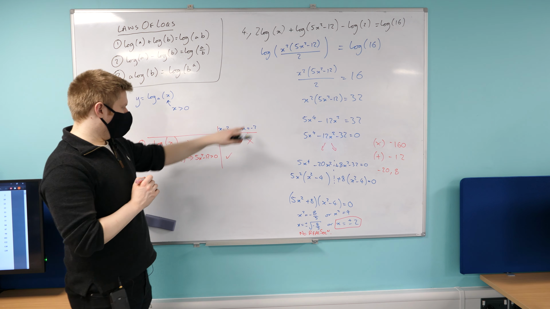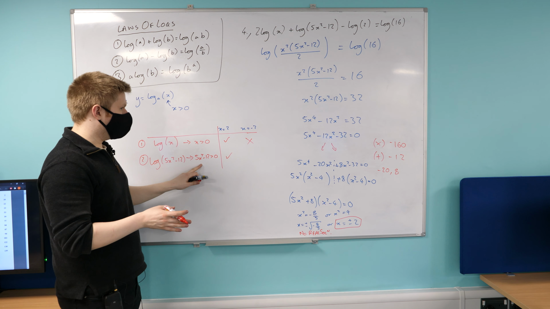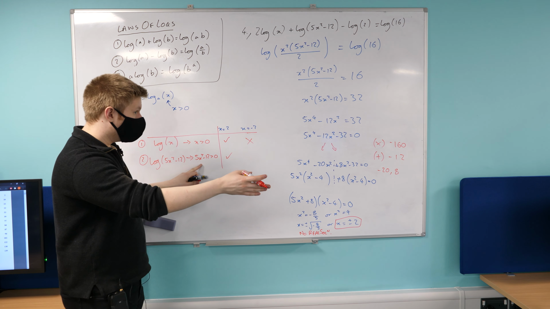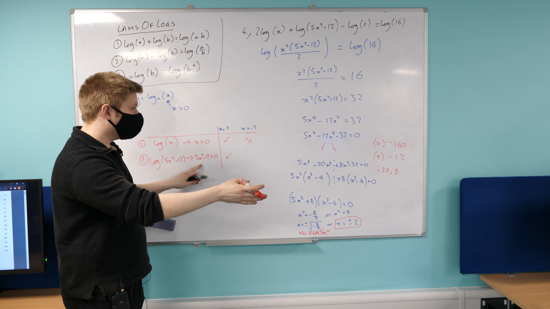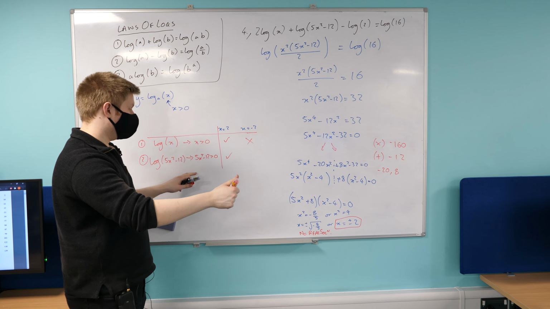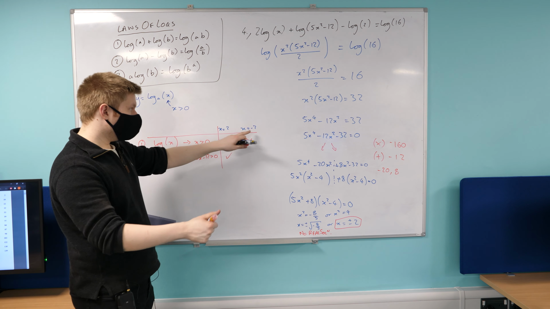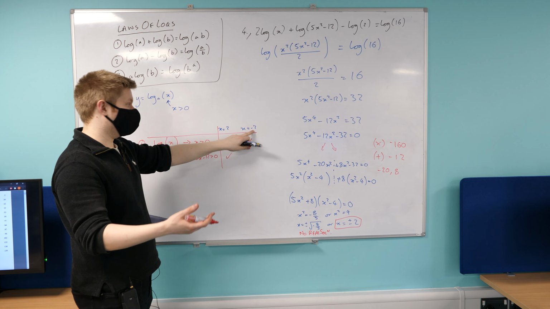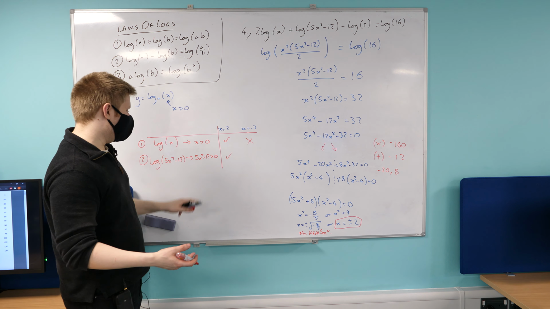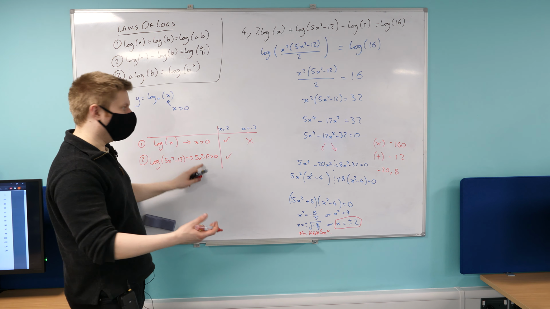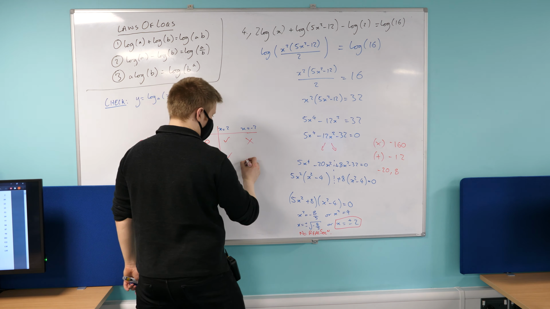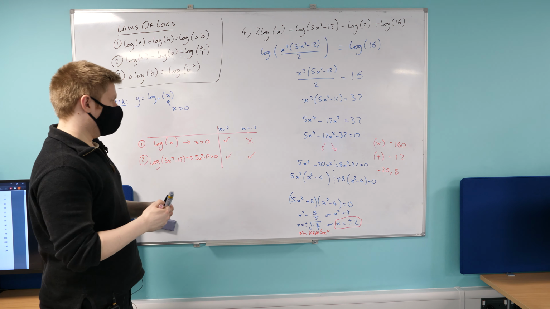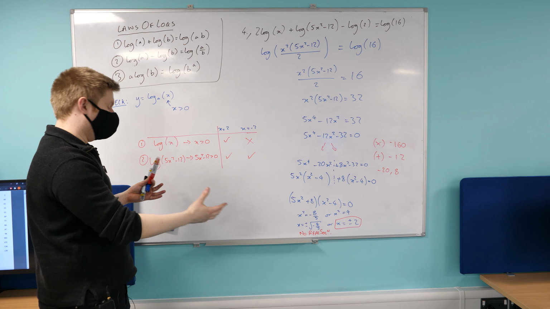If I stick negative 2 in here, is that positive? Yeah, because it's a square. You get negative times negative, so it's just the same as sticking 2 in there. Negative 2 squared is just the same as 4. 5 times 4, 20, take away 12, that's 8. So that also works. So we've got this little table going on here.